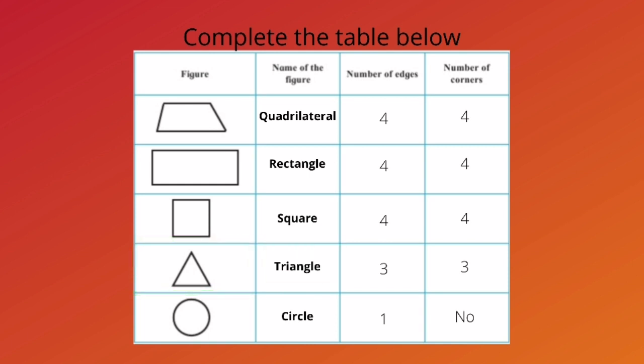So you all are going to write triangle over here, and number of edges, that is 3 in this column, and number of corner, that is 3 in the last column. The last one is circle. So you all are going to write circle over here, and number of edge, that is 1 in this column, and circle have no corner.